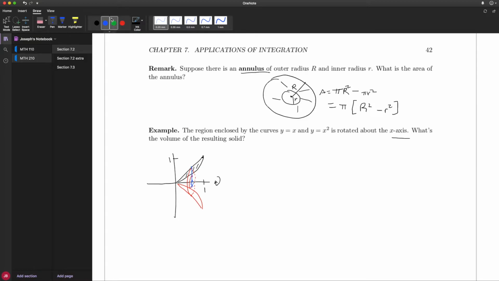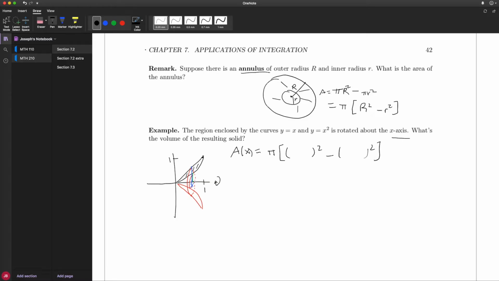And I guess we can use our final color here to show you the inner radius will be given by the one closest to the axis, right? So our cross-sectional area is no longer just pi r squared, it's going to be pi, and then I like to put a bracket, outer radius squared minus inner radius squared.